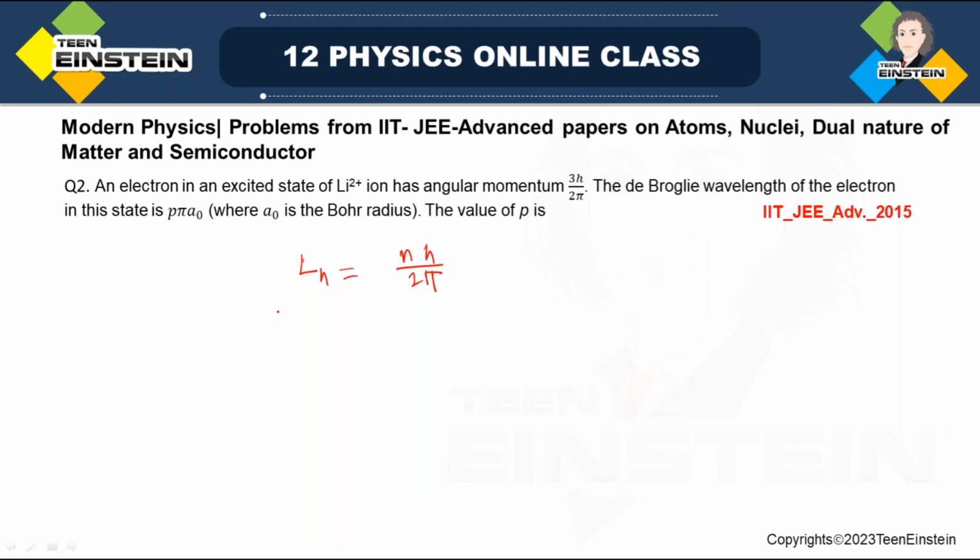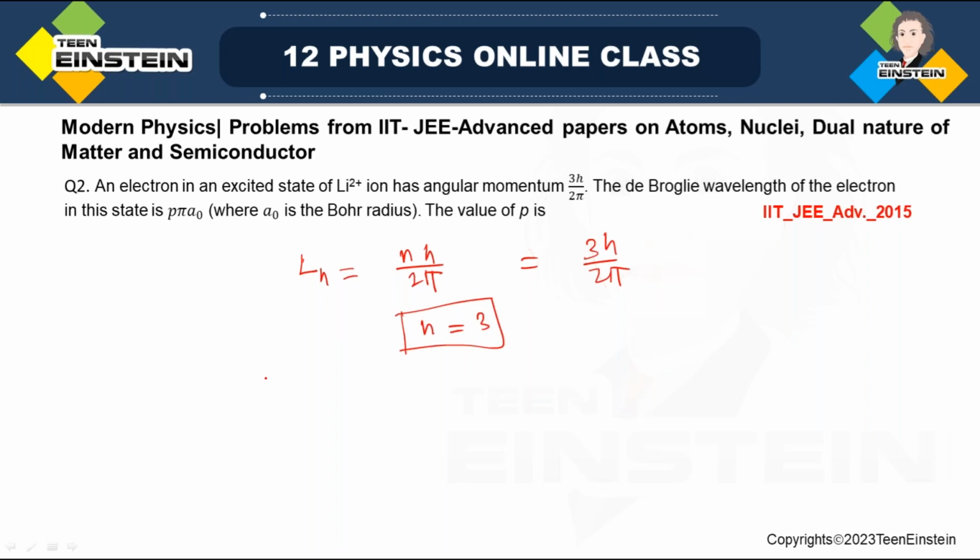That is here given as 3h by 2 pi. So if we compare, we get the value of n to be 3. That means the lithium 2 plus ion is in its second excited state. So n is equal to 3 we have got.